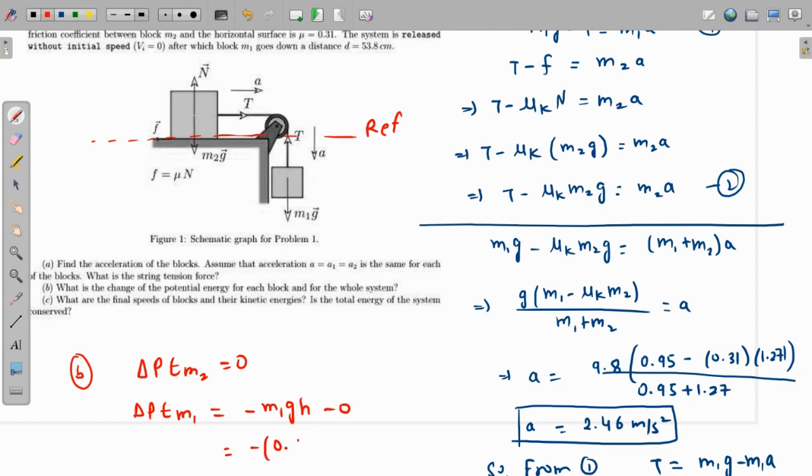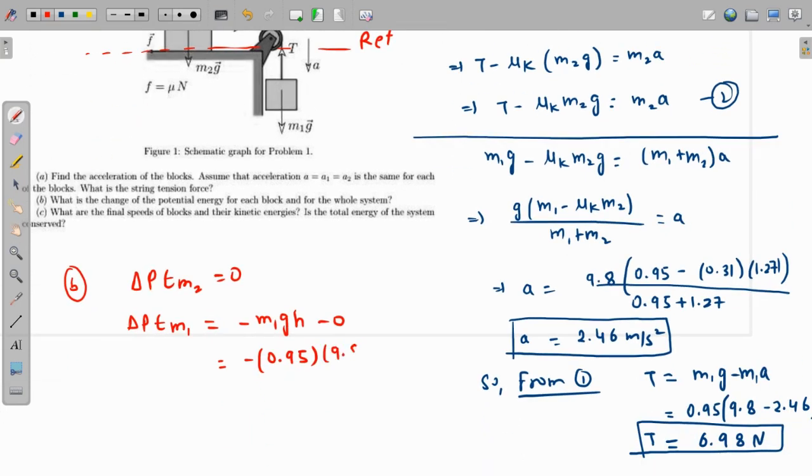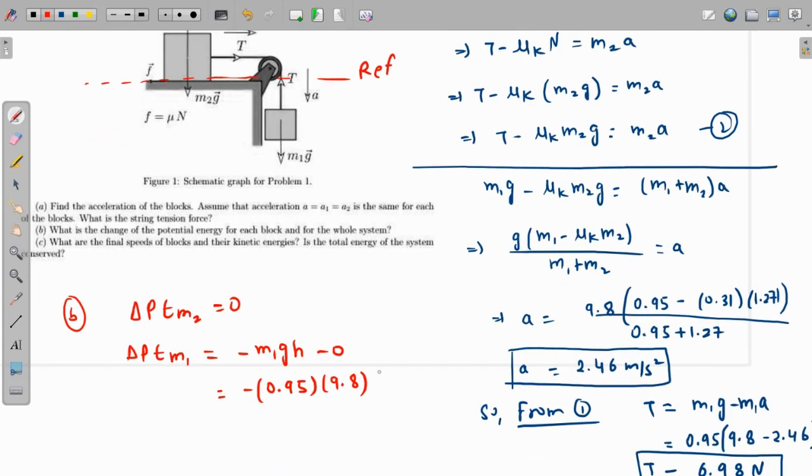This will become minus 0.95 times 9.8 times the height, which is 0.538 meters. So this value comes out as negative 5 joules; actually, it's negative 5.01 to 2 decimal places.